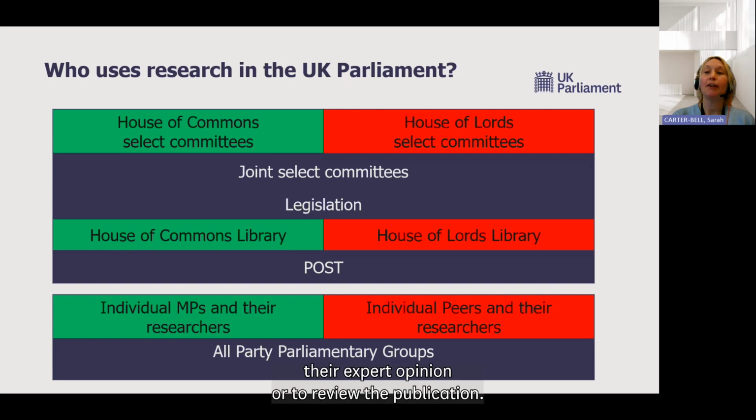They may be asked to provide their expert opinion or to review the publication, or they may highlight up to the minute recently published research for the library teams or POST, so these teams can draw on new and cutting edge thinking. Or again, they may be requested to seek out experts in a topic and connect them up with these parliamentary teams. So TRLs work across all of these teams to enhance the use of research in Parliament.